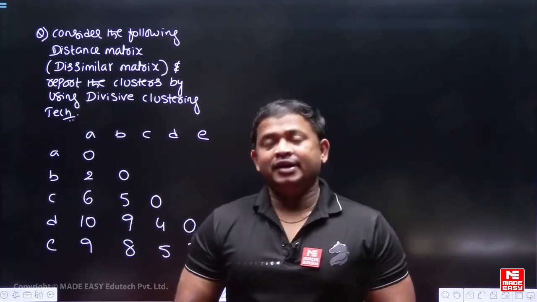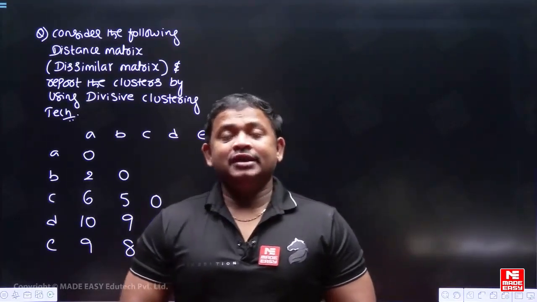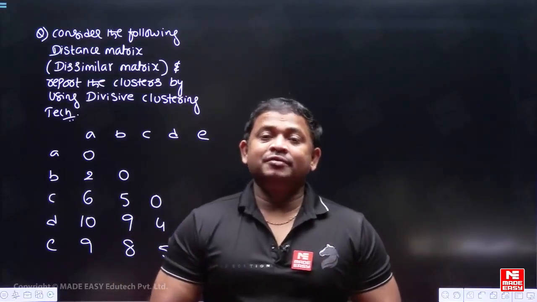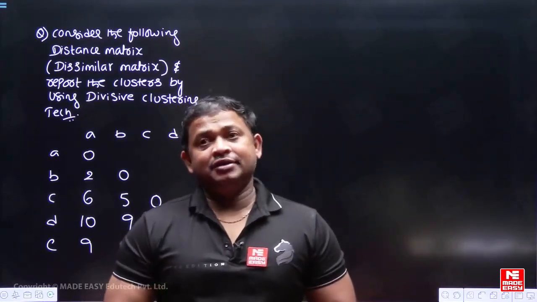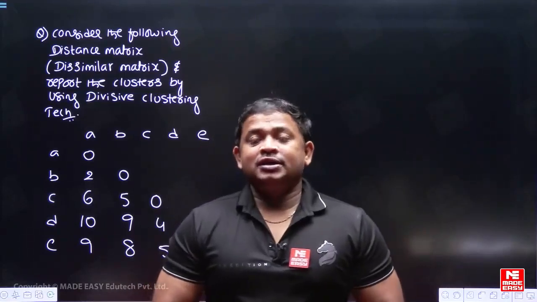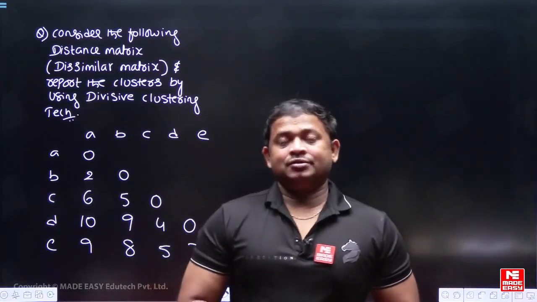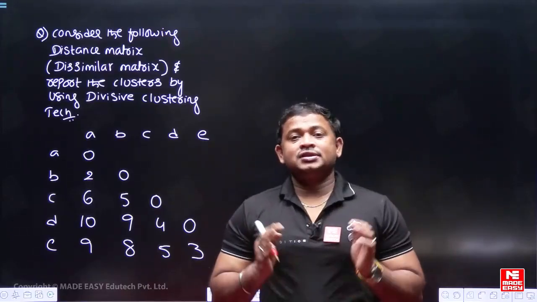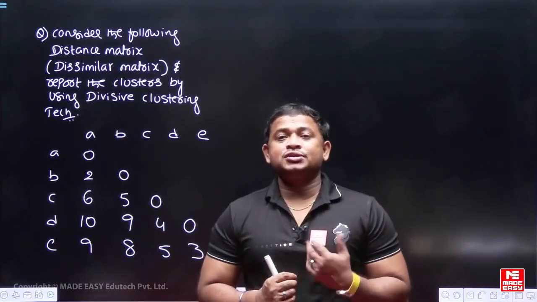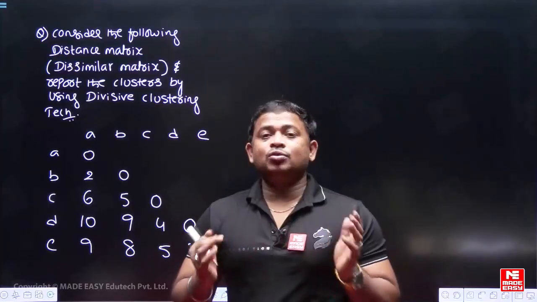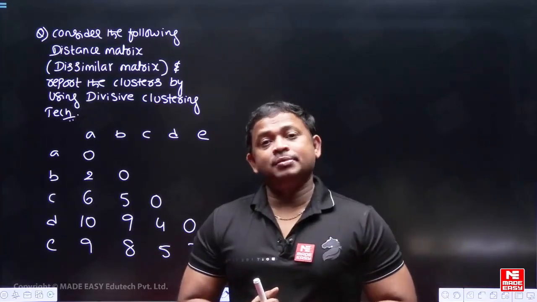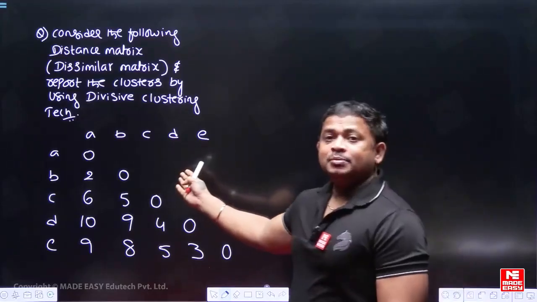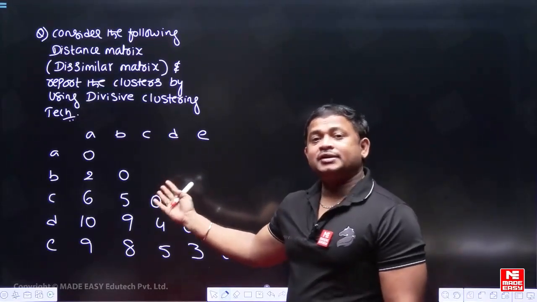When the distance between data points is very small, the data points are similar to each other. When the distance between data points is very high, the data points are dissimilar to each other. Small distance indicates more similarity, and more distance indicates more dissimilarity. So this is the dissimilarity matrix, or distance matrix, given.